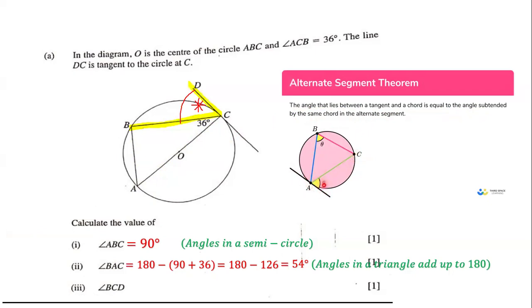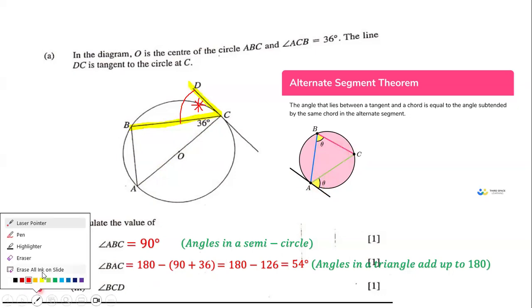The angle theta that lies between the tangent and the chord is going to be equal to this angle that is subtended by this chord. We know theta is subtended by this chord because the legs of this angle rest on this chord. So these two angles are equal.